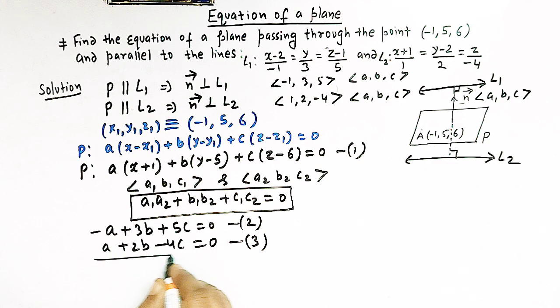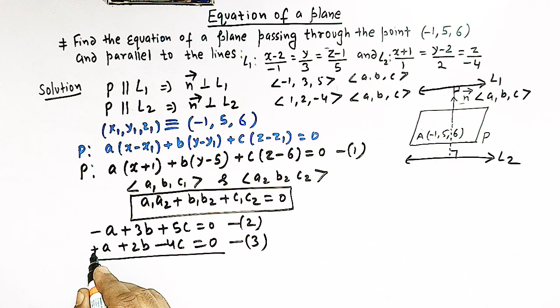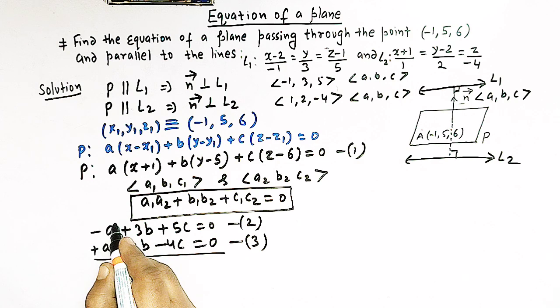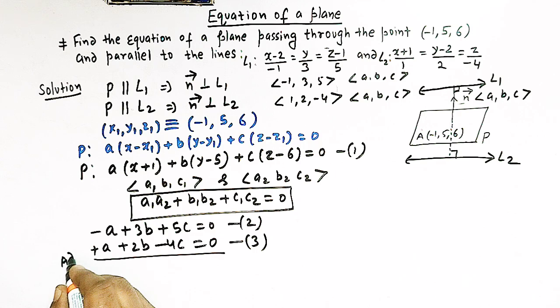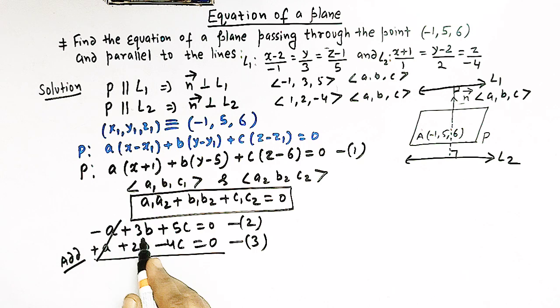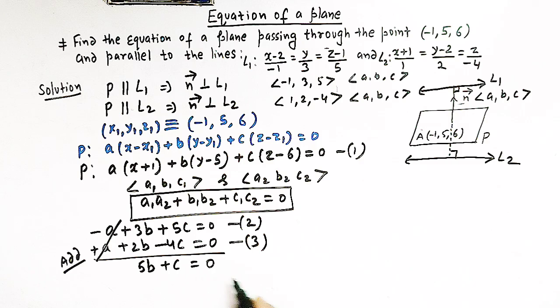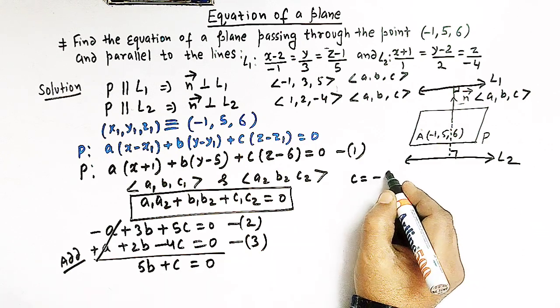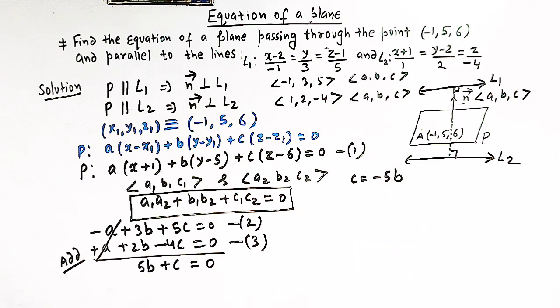So if we simply add these two equations, then we can see that here we have plus a and here we have minus a. So when we add these two equations, then minus a and a get cancelled. So we now have 3b plus 2b is 5b, and 5c minus 4c is equal to plus c, and now from here we can write c is equal to minus 5b, right?